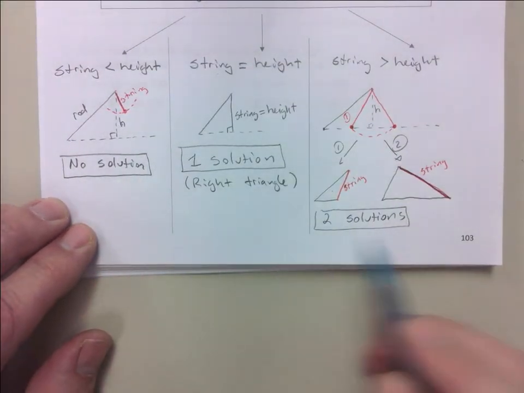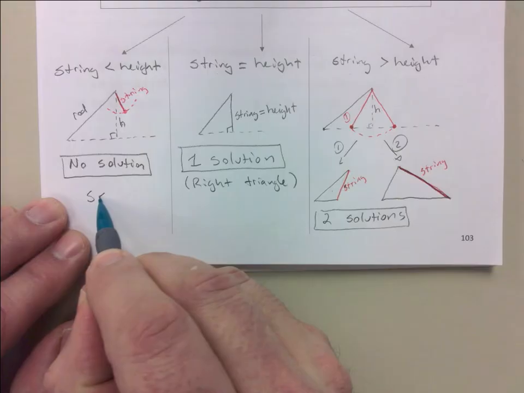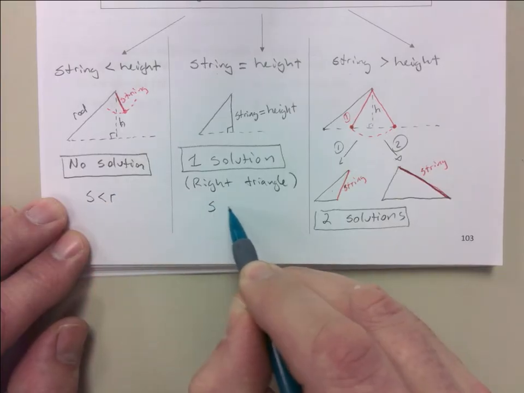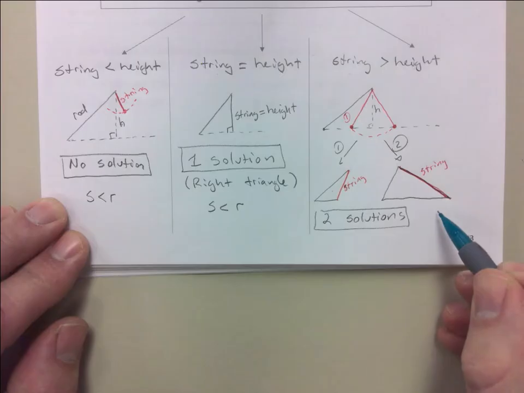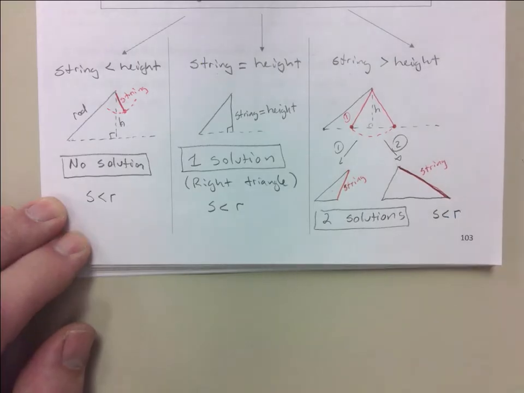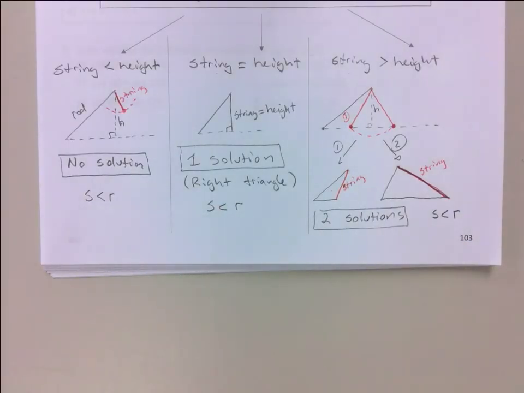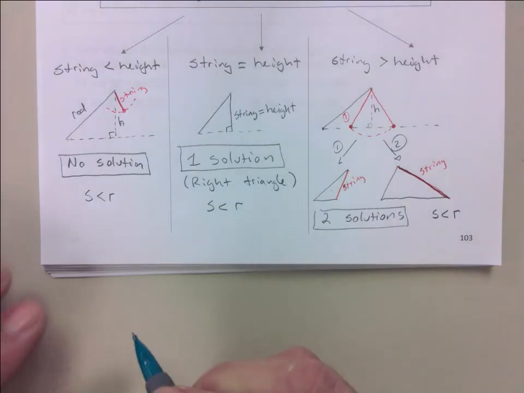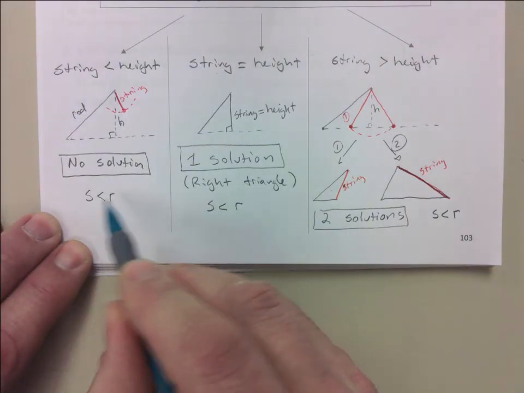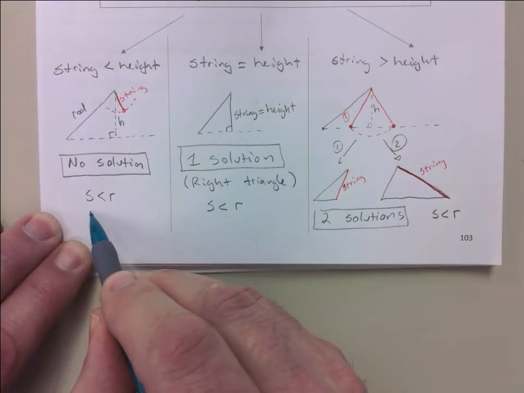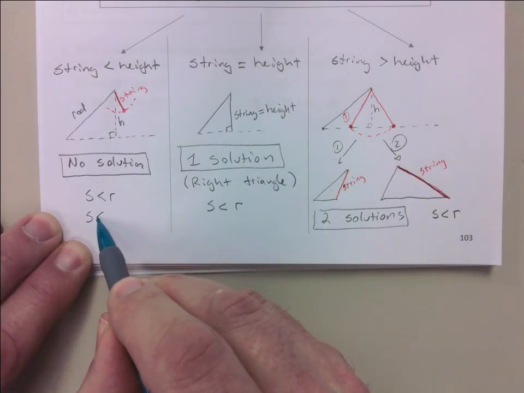For all of these, this string has always been shorter than the rod. That is number one. So write that down. For each of these cases, we've identified that the string is shorter than the rod. In this particular case, though, we also determined that the string is less than the height.